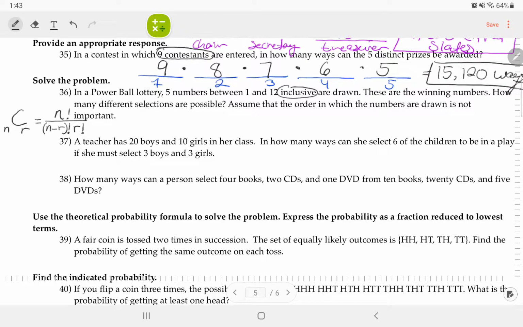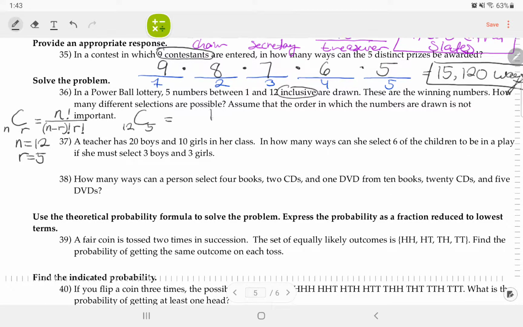So, in our case, because we have 12 numbers, which includes 1 and includes 12, the n is 12. And because I'm choosing 5 numbers without regard to order, r is going to be 5. So setting that up for number 36 in the combination formula, that is going to be the combination of 12 balls, choosing 5 when the order does not matter.